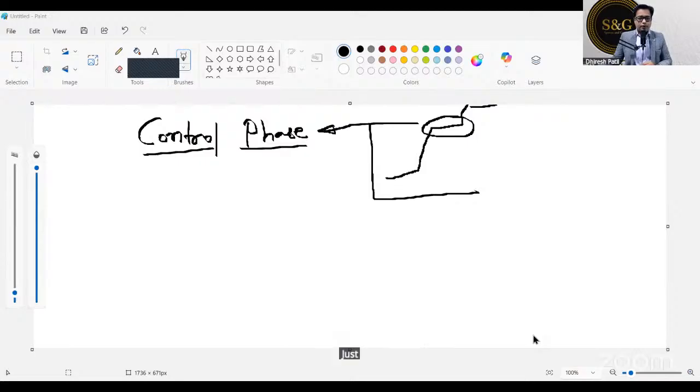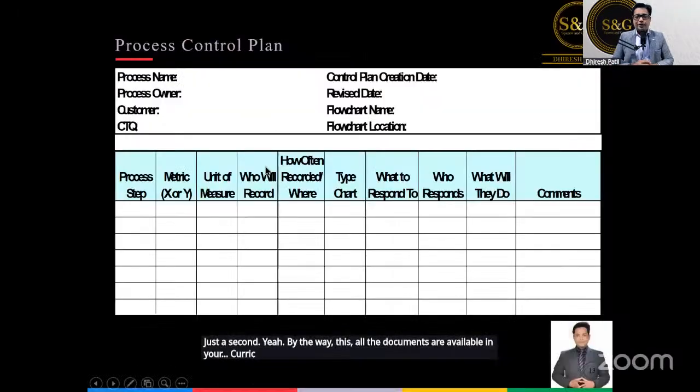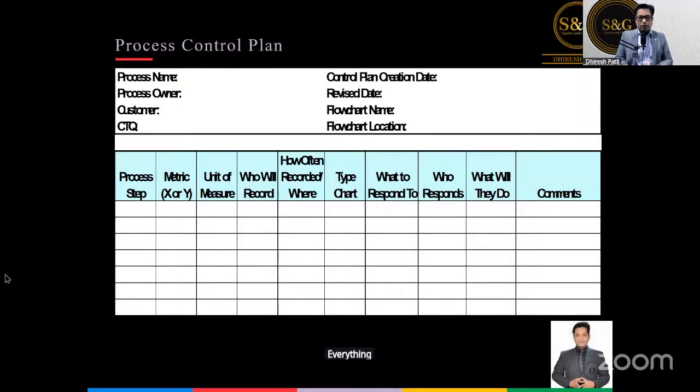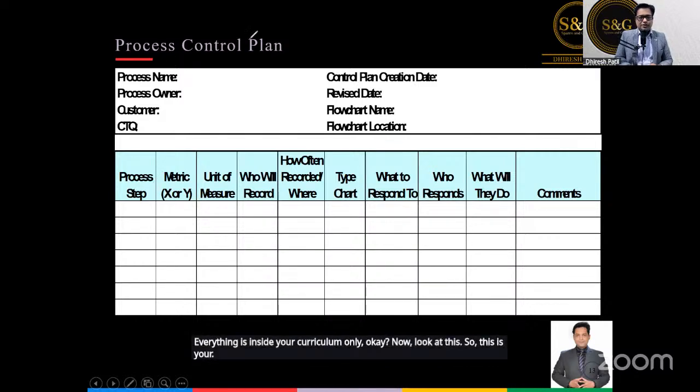By the way, all these documents are available in your curriculum itself, so I'm not showing something outside of your curriculum. Everything is inside your curriculum only. Now look at this. So this is your process control plan.